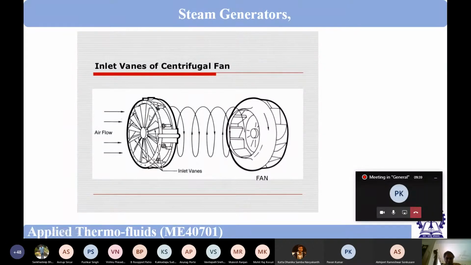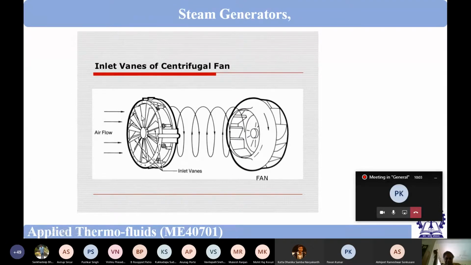If we manipulate the position of the vanes, then the inlet area will be more open or more closed. So accordingly, we can draw more air inside the centrifugal fan or less air inside the centrifugal fan.